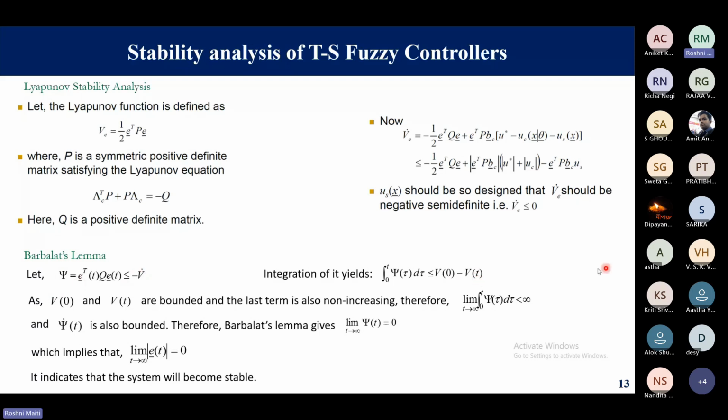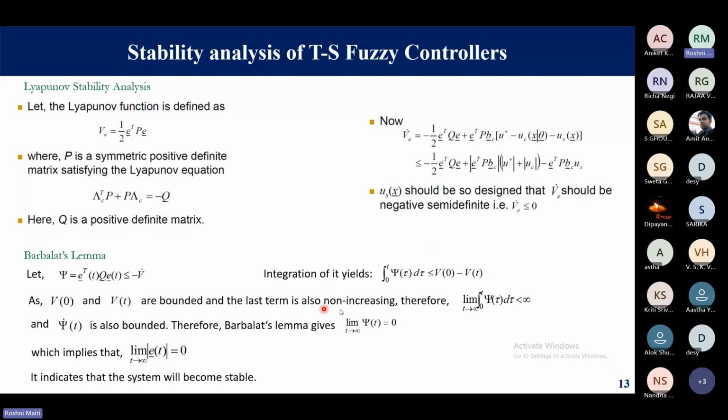This V dot we can represent by using this. Here we can see that V0 and Vt both are bounded, as we have seen these are less than or equal to this. So we can say that both are bounded, and also we can see that the last term is non-increasing, because Vt is a decreasing term, because our error is decreasing.